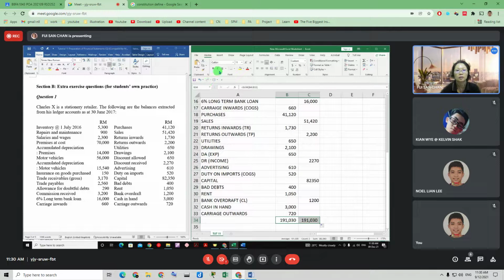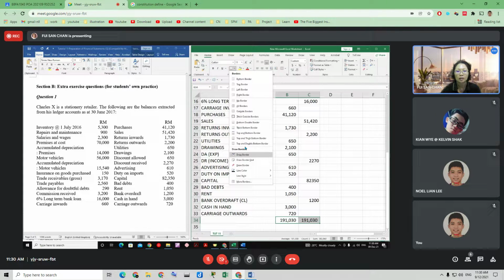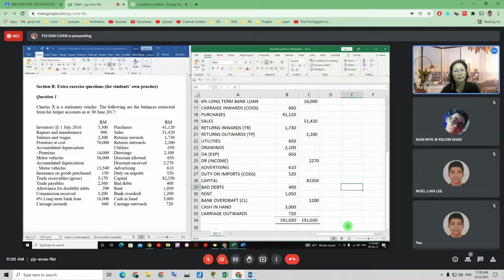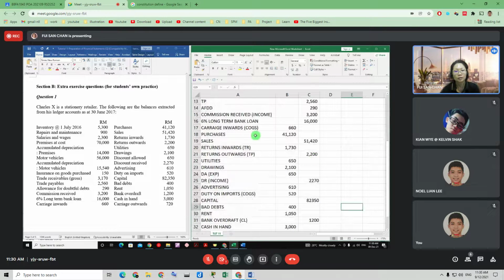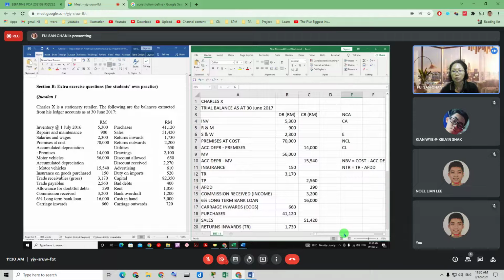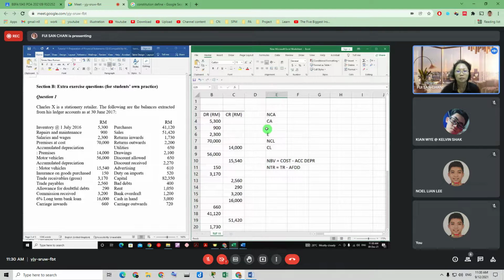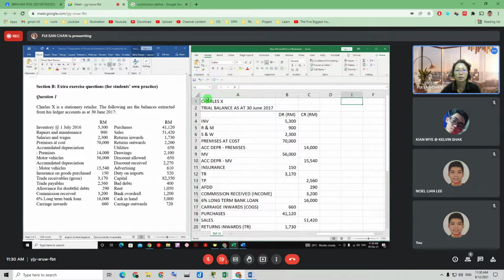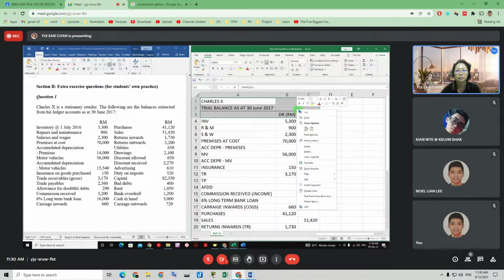Balanced, luckily. Now the trial balance is done. Next we are going to do the SOPL. I can actually copy this one.